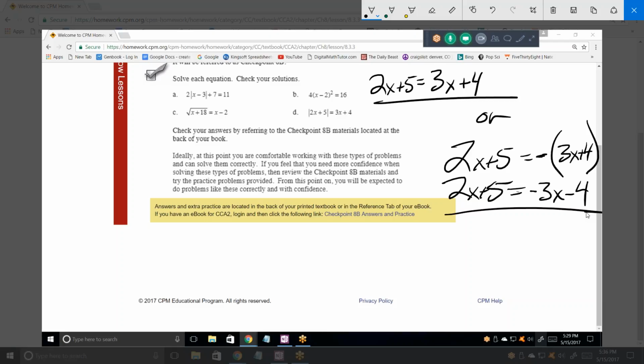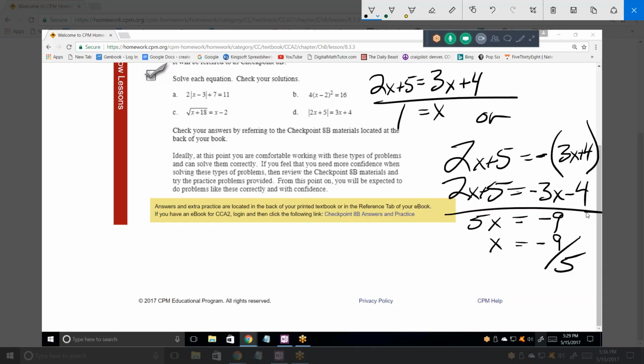Yeah, let's solve them both. Let's see. That's x equals 1. And what is this? This is 5x equals minus 9. X equals minus 9/5. Well, let's check 1. Does 1 work? Is the absolute value of 7 equal to 7? Yes.